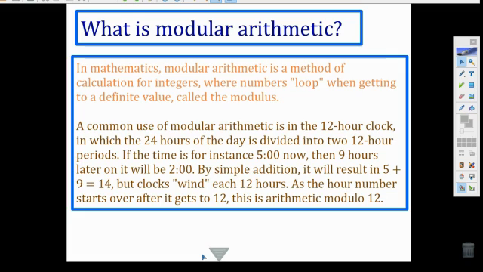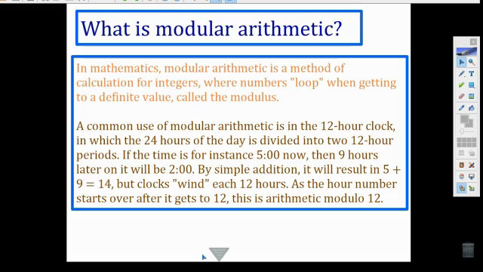So that shows that after we get to 12 o'clock, the clock reads all over again, from 0, 1, 2 to 12 again before it recycles.